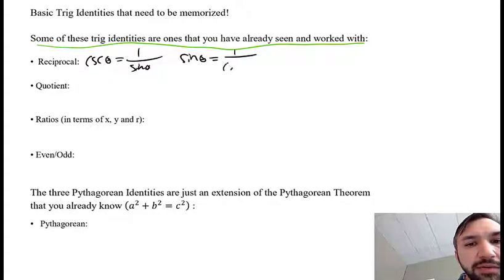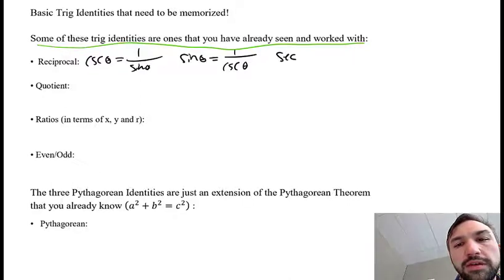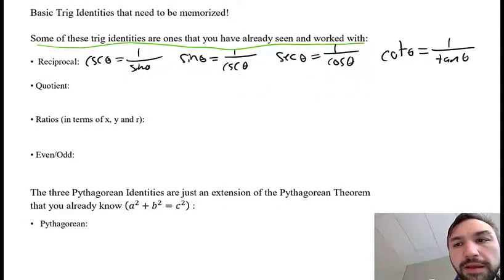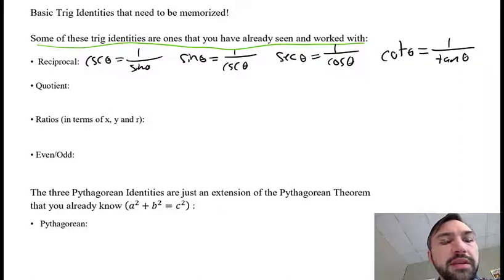Sine is the reciprocal of cosecant. Secant of an angle is the reciprocal of cosine of that angle. Cotangent is the reciprocal of tangent. Okay, you've seen those before. I guess technically there's 6 of them though. I could switch these around and switch these around.